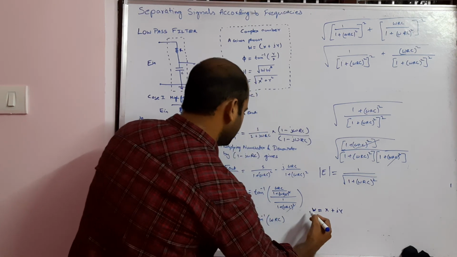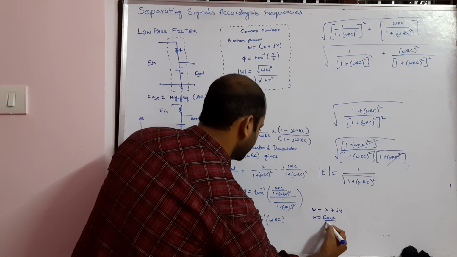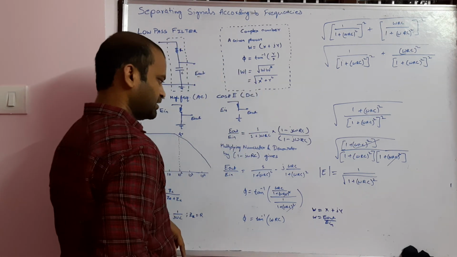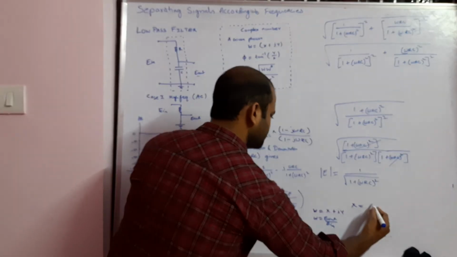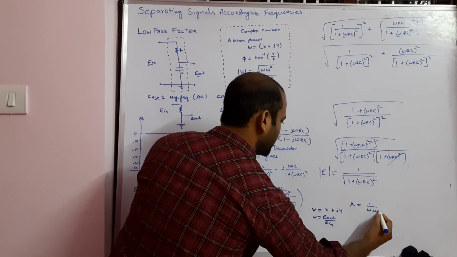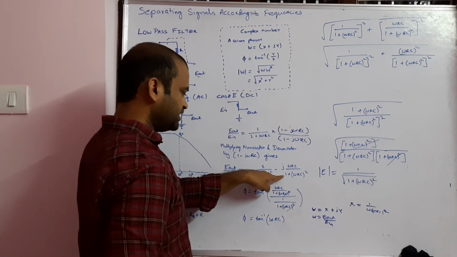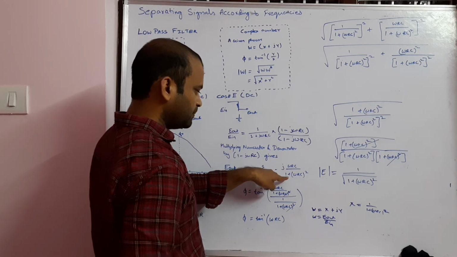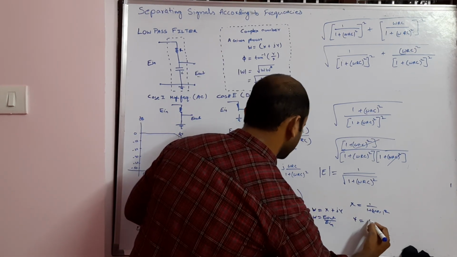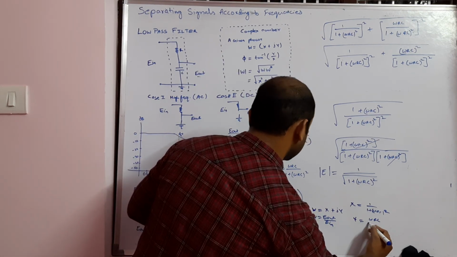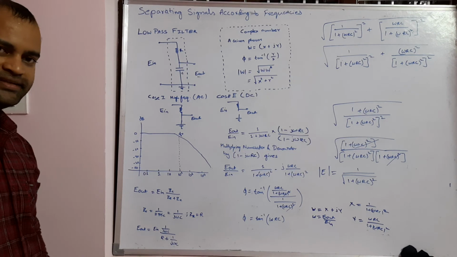So in this equation we can consider W is equal to E out by E in, and x is equal to 1 divided by 1 plus omega RC square, and minus j into omega RC divided by 1 plus omega RC square, so we can consider y is equal to omega RC divided by 1 plus omega RC square, correct?